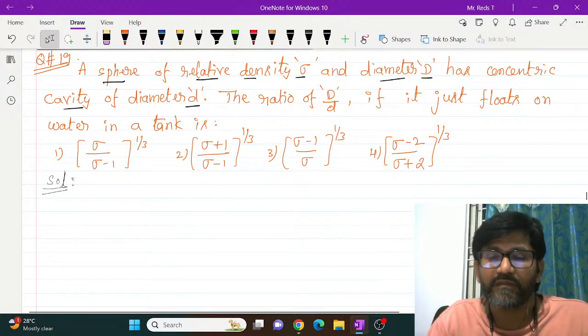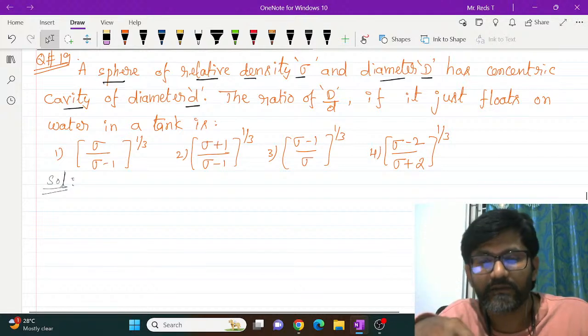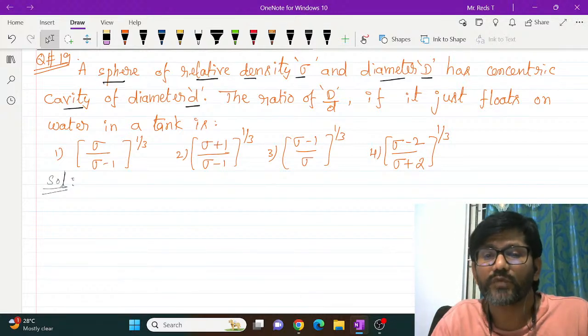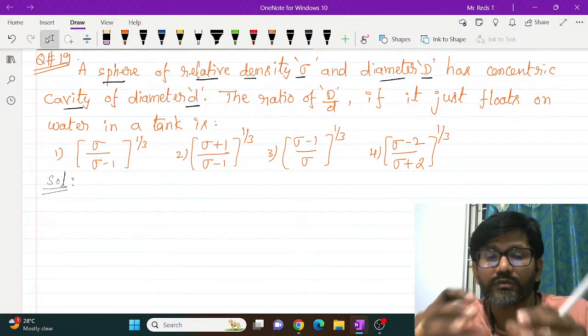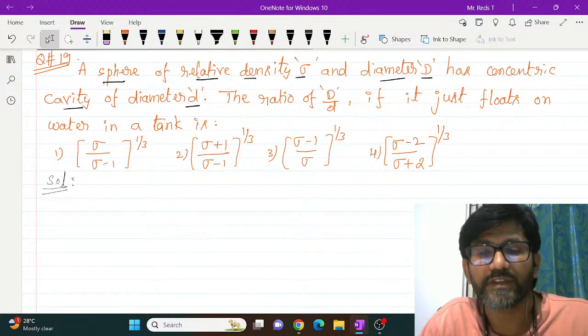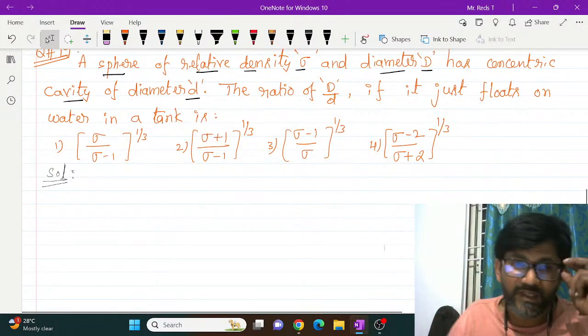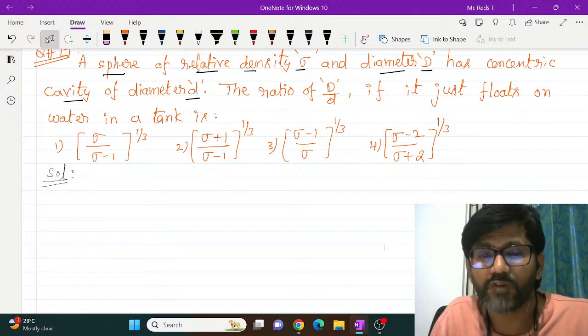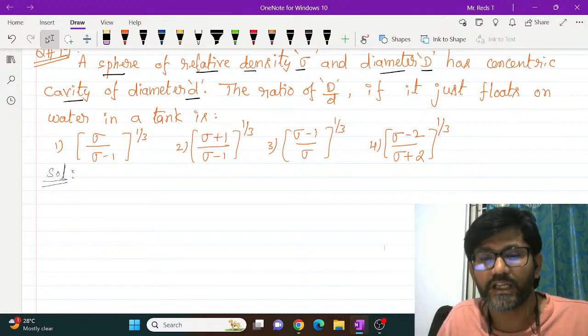It says that whenever you immerse a body in a liquid, the volume of displaced liquid is equal to the volume of the immersed portion of the body. So based on that and the law of buoyancy, you have to calculate this.